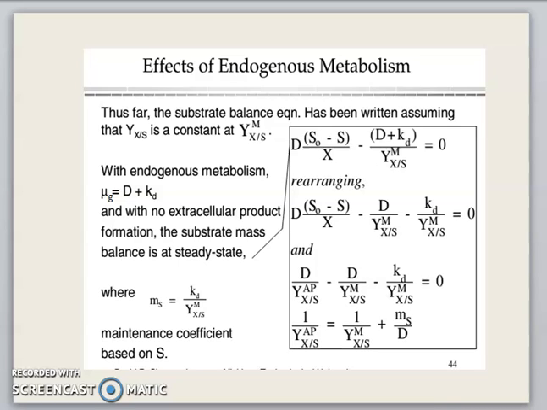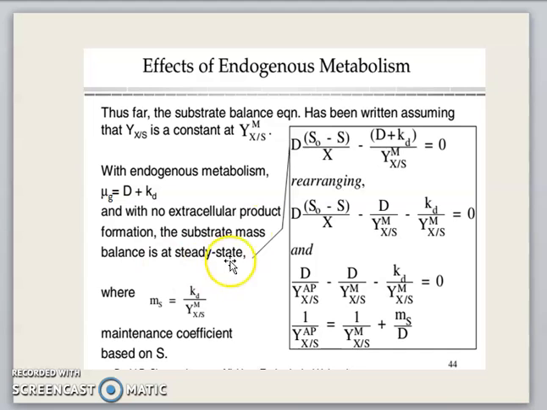Without endogenous metabolism, Kd will be equivalent to 0, but with endogenous metabolism we have a value of Kd. That's why Kd is required to be considered.